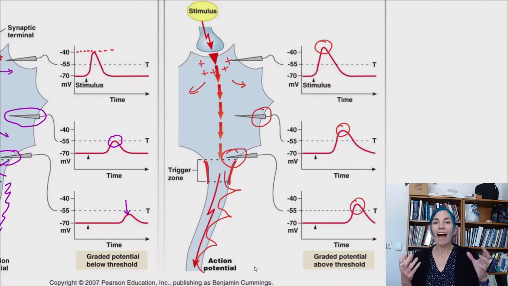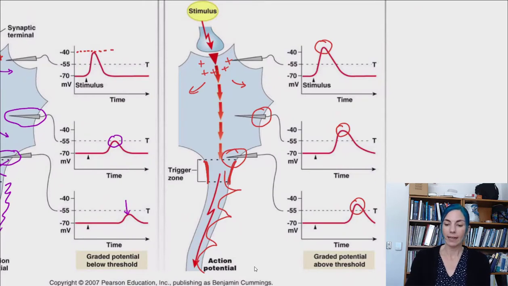You either have enough of a depolarization event in your graded potentials to reach that minus 55 millivolts threshold, and therefore you start action potentials, or your depolarization is too weak and in the cell body and the dendrites too much of the charge dissipates, so that by the time we get to the axon hillock, it's not strong enough. There's not enough of a depolarization to trigger an action potential, and so there are no action potentials.